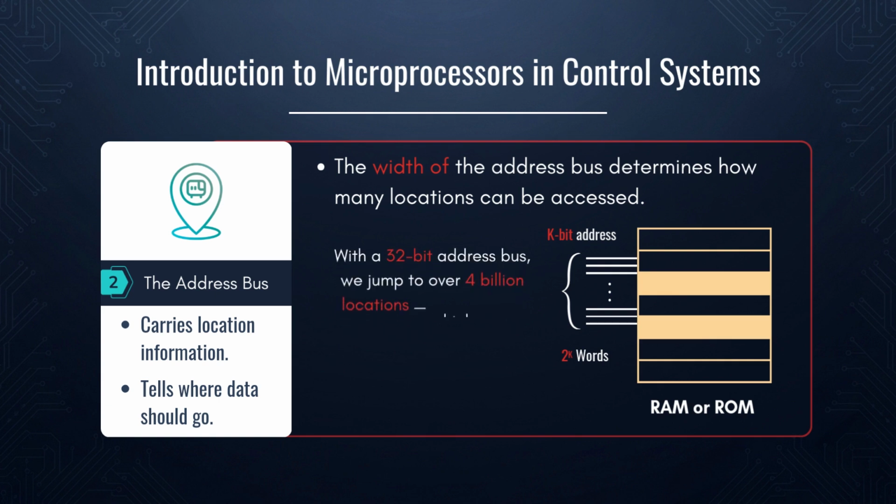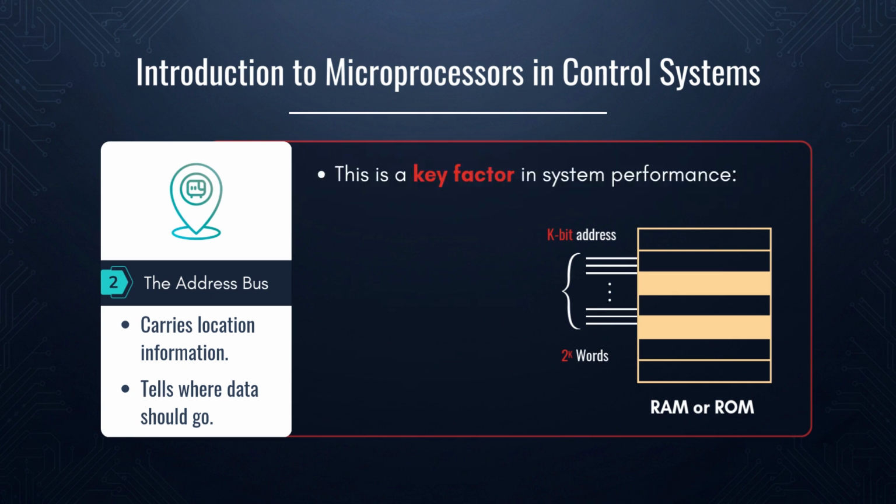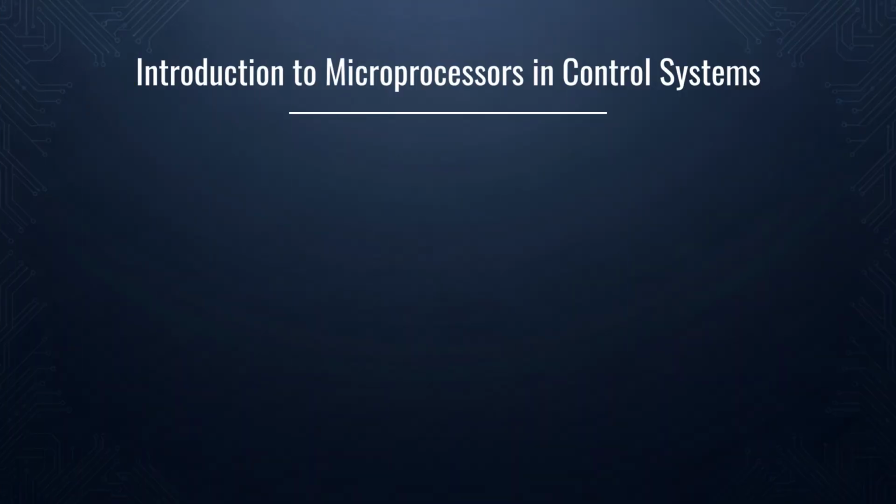With a 32-bit address bus, we jump to over 4 billion locations, which is why 32-bit processors can handle large amounts of memory. This is a key factor in system performance. The wider the address bus, the more memory and I/O devices the CPU can work with.